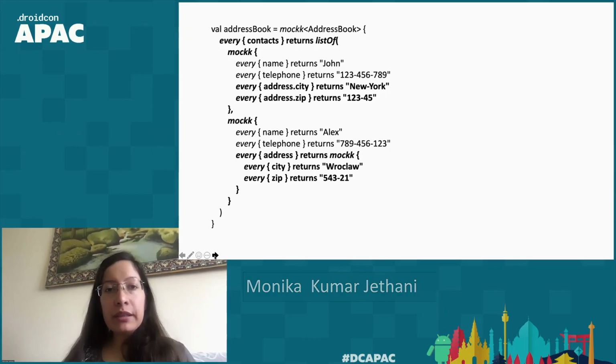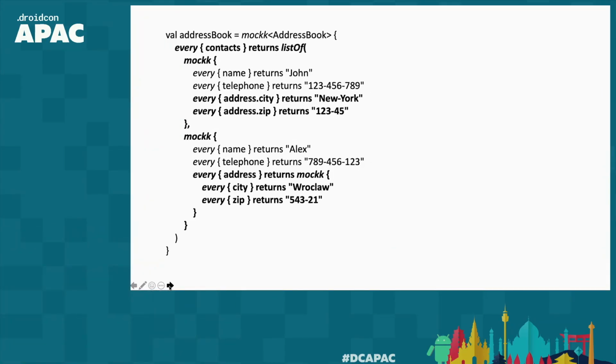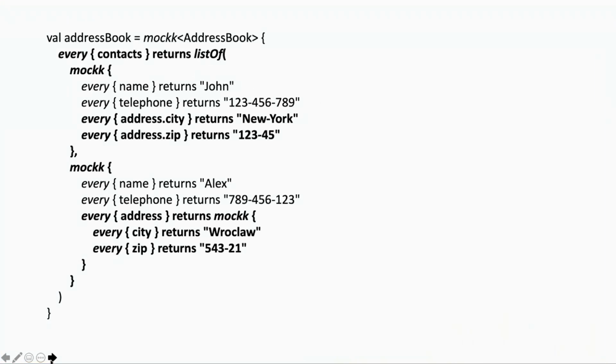Here you can see I have a mock of AddressBook which contains contacts, which again contains mocks. In the inner interface, I can mock the properties like address.city or address.zip, as you can see in the first mock, or I can mock the address as a mock in itself, like you can see in the second mock. So nested mocking is possible with MockK.